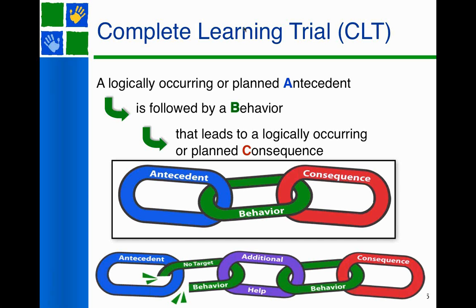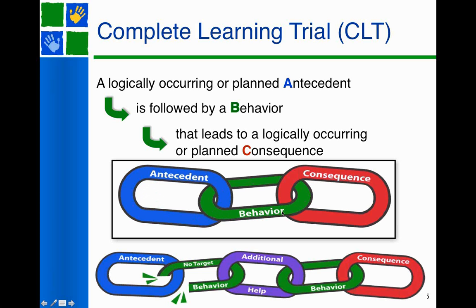So when we think about what we mean by a complete learning trial, we help teachers understand and see, and I'll show an example in a minute, something that sets the occasion for the learning target behavior, and we might refer to that as an antecedent or a cue that sets the occasion for the behavior.